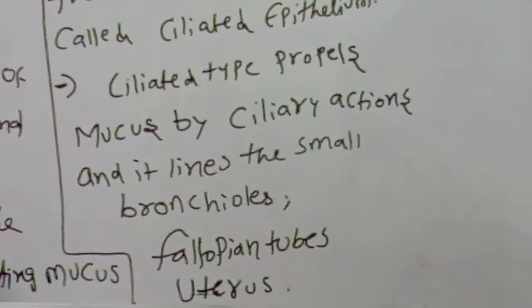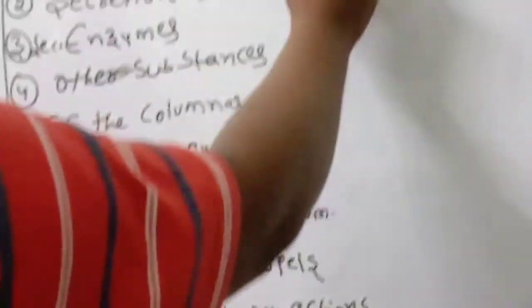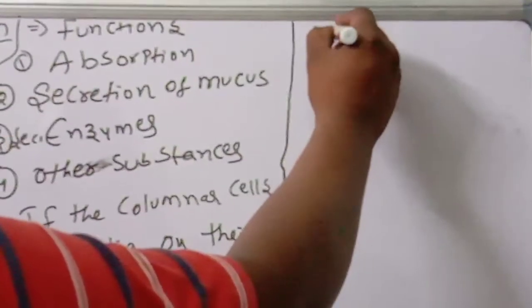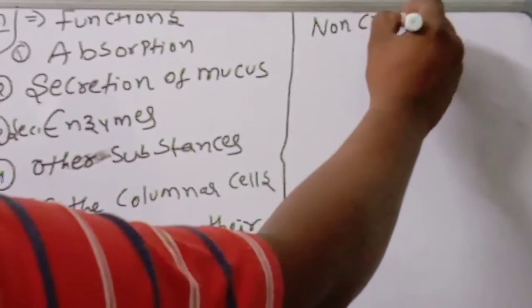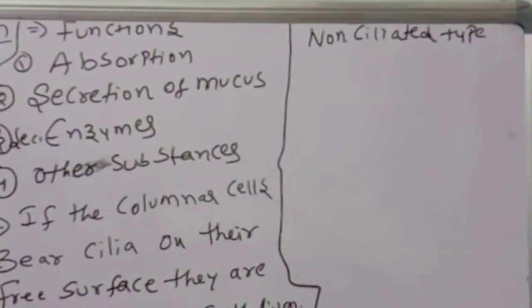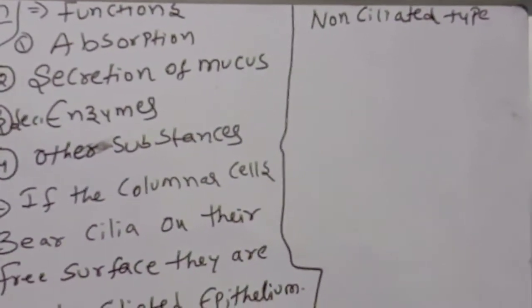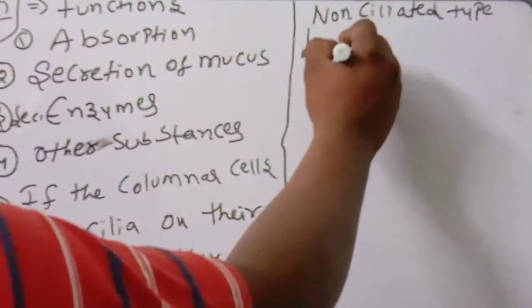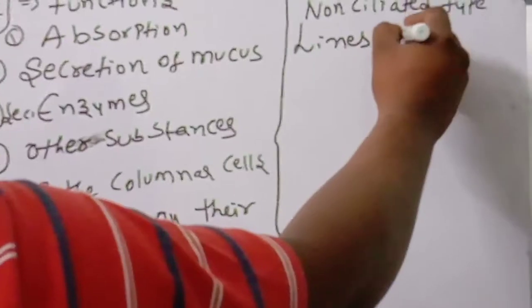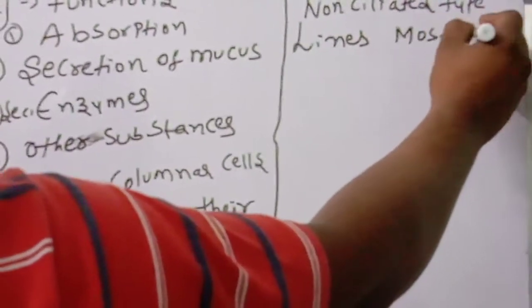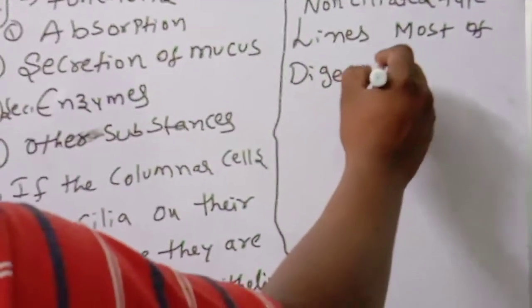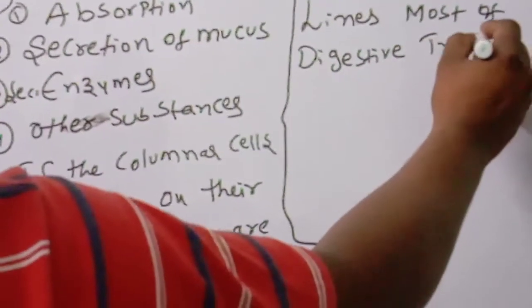Next we are going to discuss the non-ciliated type. Non-ciliated columnar epithelium lines most of the digestive tract.